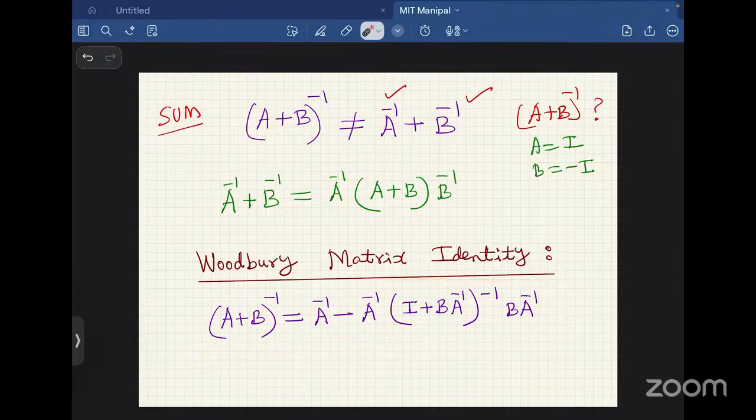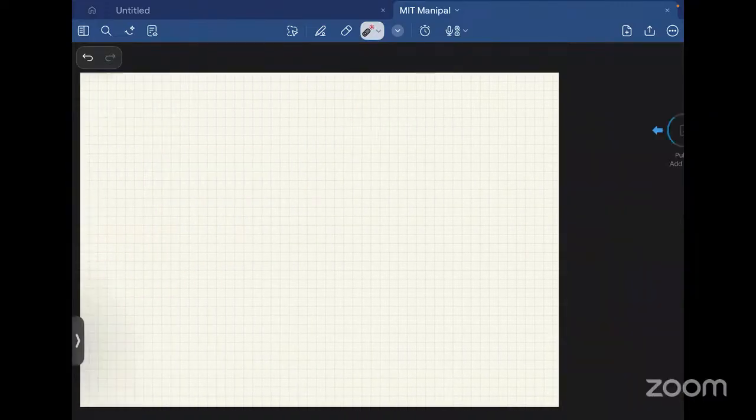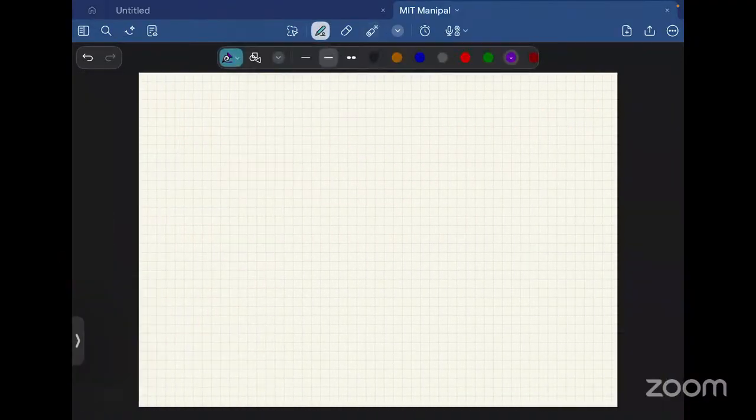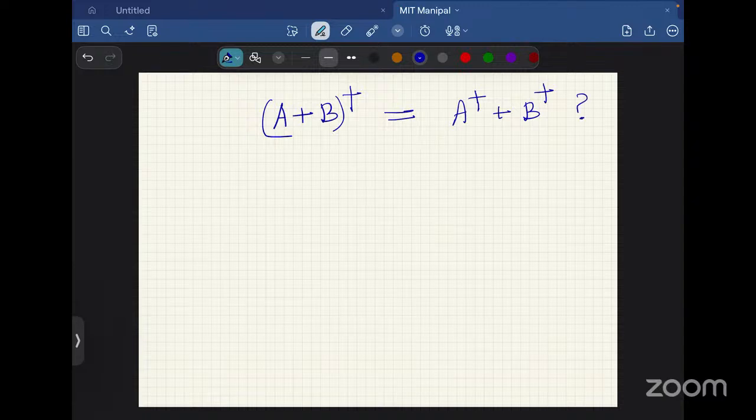Motivated by this work on the general inverse, people started working to find the Moore-Penrose inverse of the sum for any matrices. A and B are given matrices. As I said, for any matrix we know the Moore-Penrose inverse. Therefore, A dagger and B dagger both exist. Now we have to know whether this relation is the same or not. But as I said earlier, this is not true.